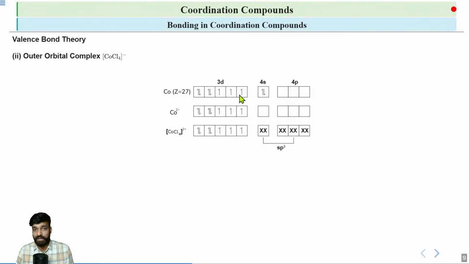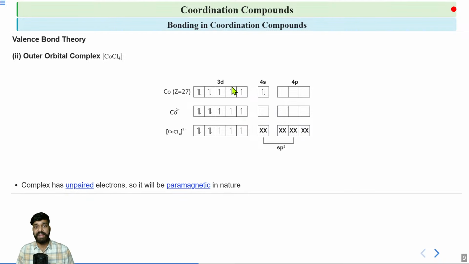So each will donate a pair of electrons to the empty orbital, creating a sp3 hybridization where the s and p belong to the 4th shell. Now, what about the number of unpaired electrons? It is obviously 3. So the formula for the magnetic moment is root under 3 into 3 plus 2. From there, you can also calculate the magnetic moment. Is it clear to you? So this will be [CoCl4]2-. Any doubt in this part? Anyone?